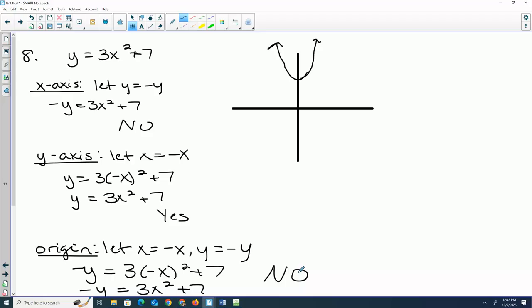You should be able to support your answer in some way, shape, or form. Whether it's showing the work, or if it's something that you know the graph of, being able to draw the graph and tell me. Even, odd, or neither. Even is the same thing as what? Even means symmetric to the y, and odd means symmetric to the origin.